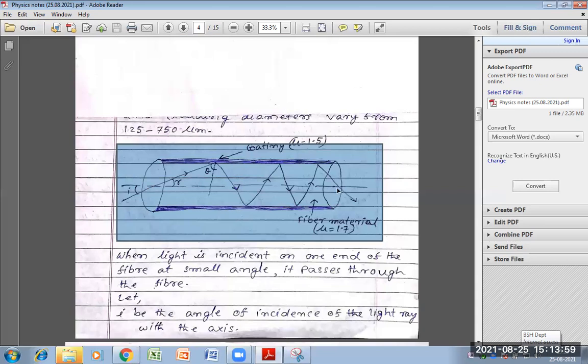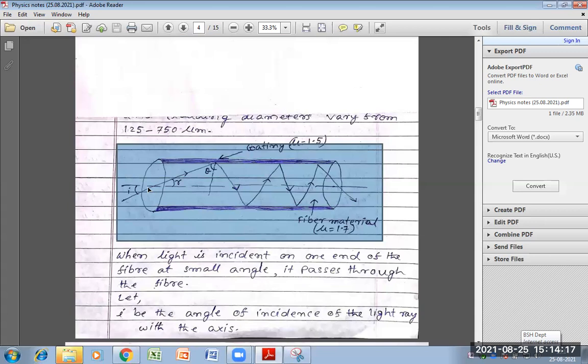Apply Snell's law to the launching phase of the fiber.